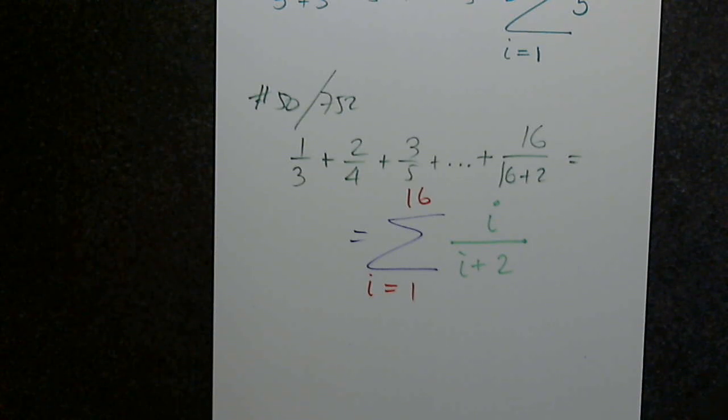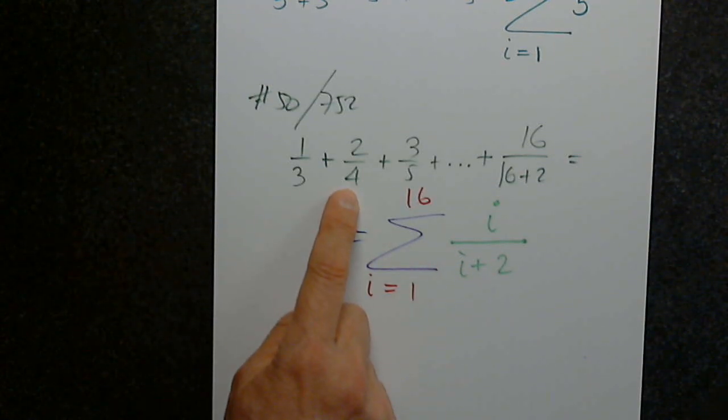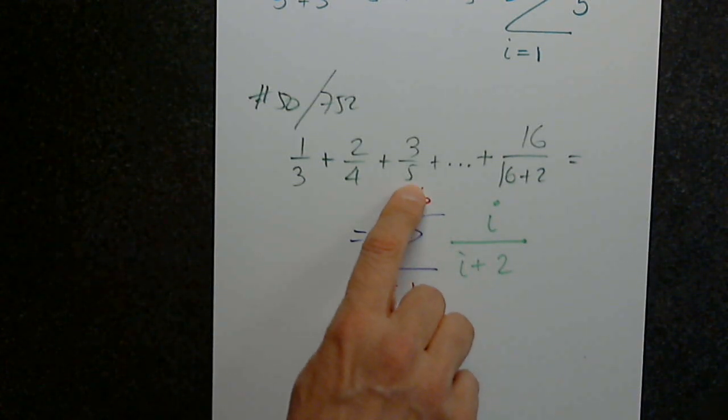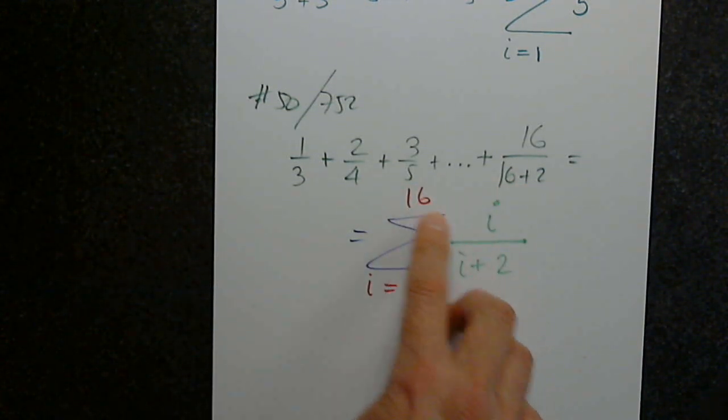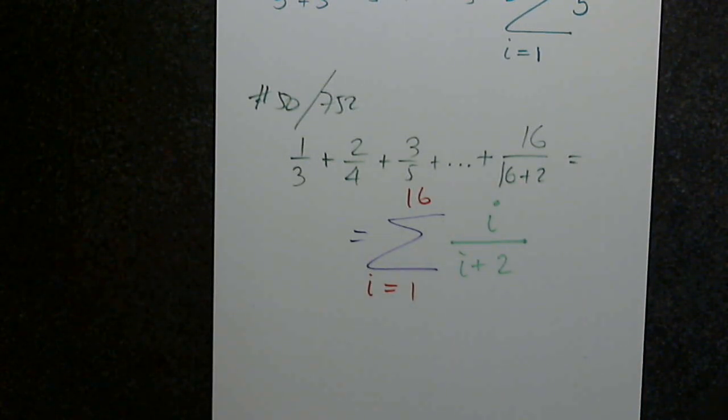Okay. When I is 1, you get 3. When I is 2, you get 2 plus 2, 4. When I is 3, you get 3 plus 2, 5. And the last one, 16 plus 2. Better?